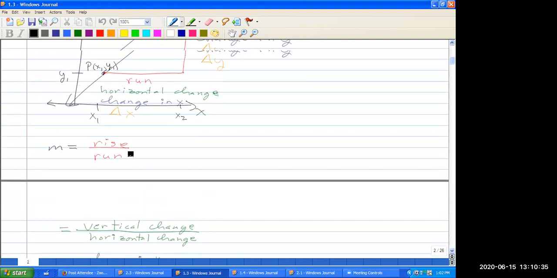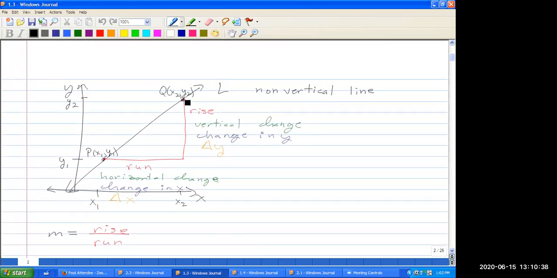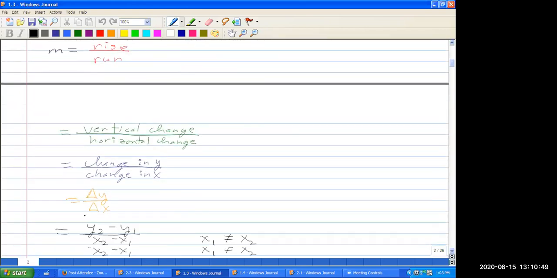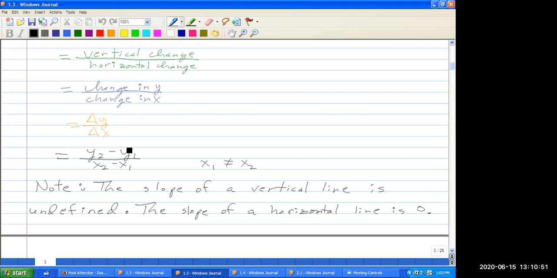So the change in y over the change in x, delta y over delta x, is y2 minus y1 over x2 minus x1. So the slope is just y2 minus y1 over x2 minus x1, so long as x1 is not equal to x2. You can always choose a point on the line such that x1 is not equal to x2, so long as this is not a vertical line.